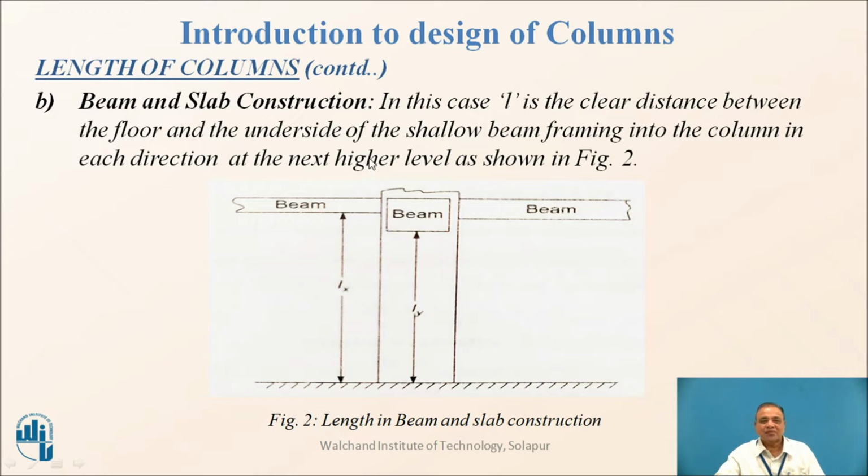Next, beam and slab construction. In beam and slab construction, the depth of the beam may be different in two different directions. Accordingly, along the x direction the unsupported length is different, and along the y direction the unsupported length is different.